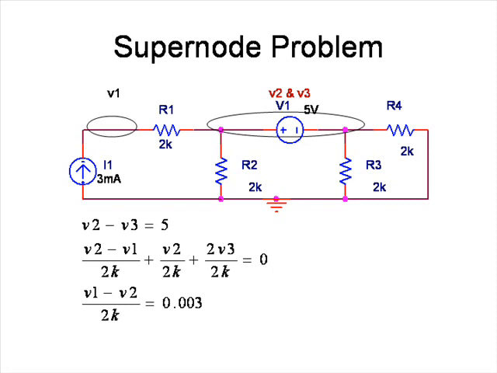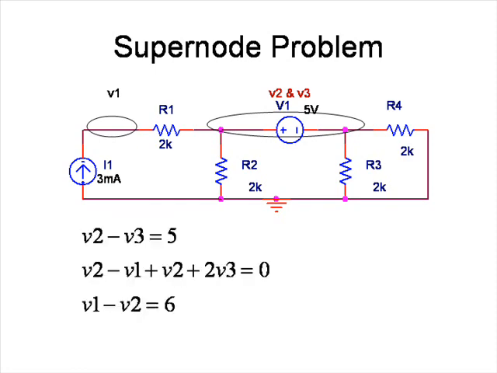Alright, now that we've done that, we can start solving it. So the first thing we're going to do is get rid of these 2Ks. Since they're all a common denominator on the second and third equation, we can get rid of them by simply multiplying by 2K. Remember that it is not 0 on the third equation, it is 0.003, so that too must be multiplied by 2K.